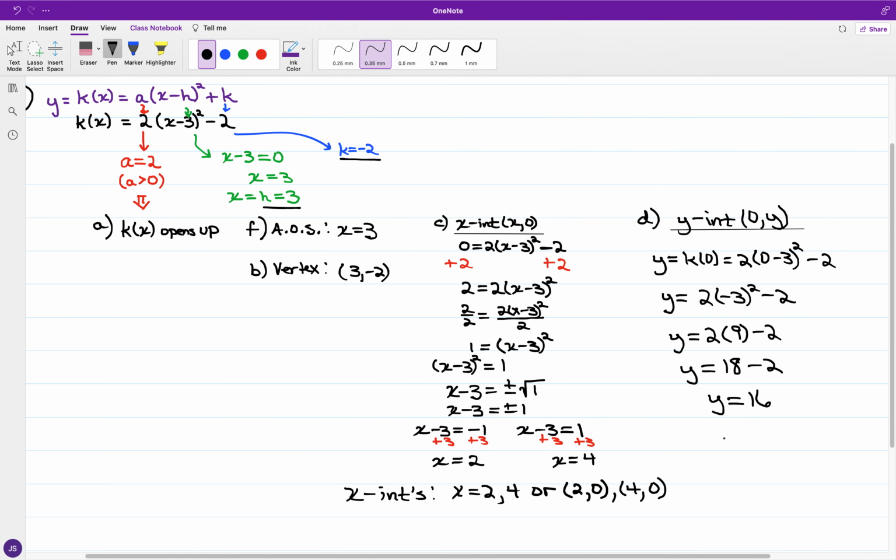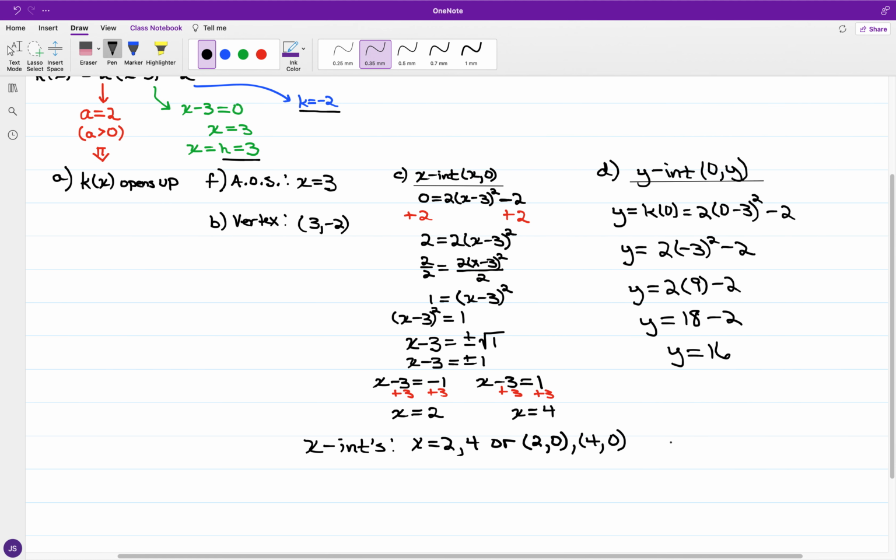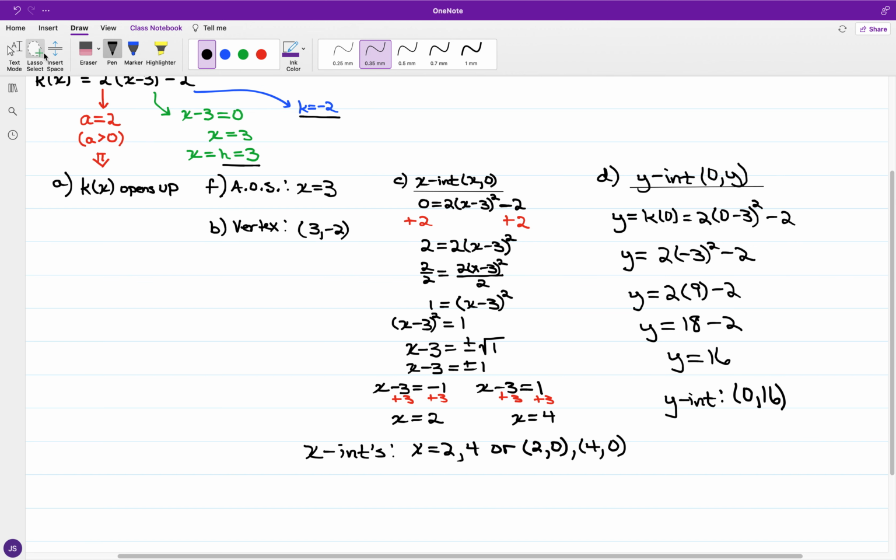All right, so we have here 2 x-intercepts and 1 y-intercept. So you have the y-intercept. You can say either y is equal to 16 or have it as the ordered pair 0, 16.